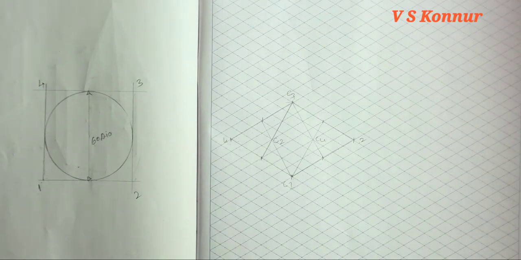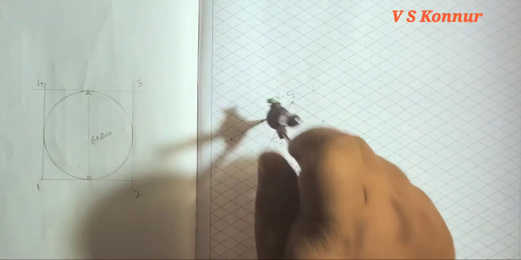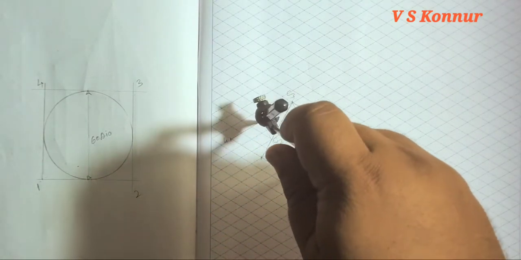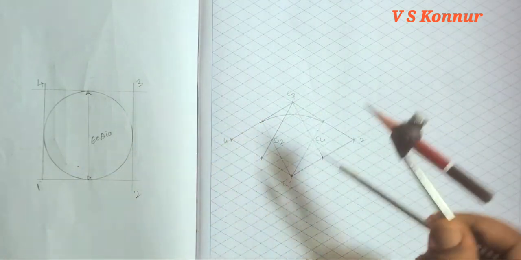Now with the help of a divider, C1 as center, this as radius, these two as radius, both will intersect very easily by taking C1 as center.